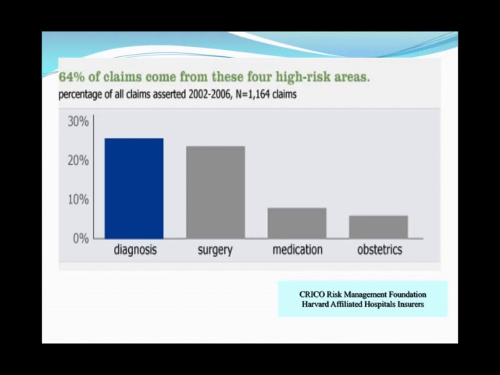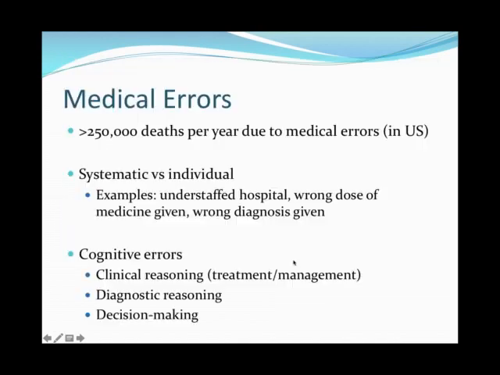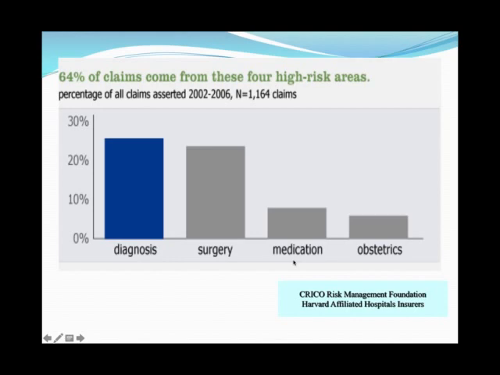This is a higher percentage than errors made during surgery, medication errors where the patient was given the wrong medication, or obstetric errors, where the patient did not like something that happened during the delivery of their child.